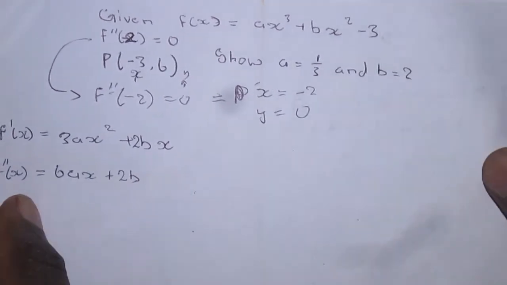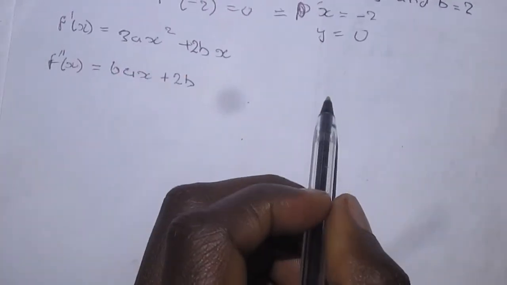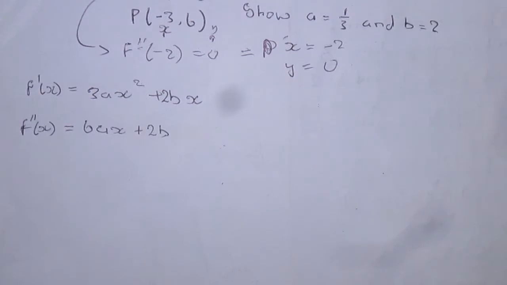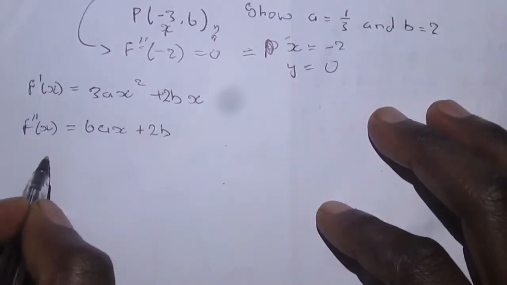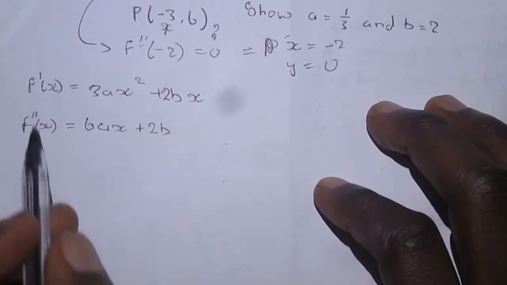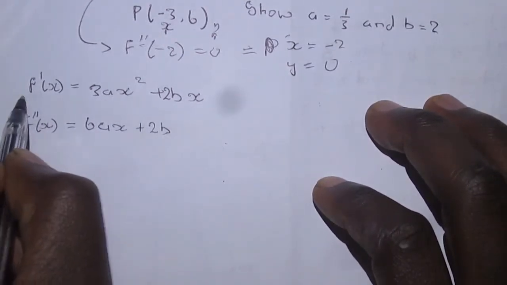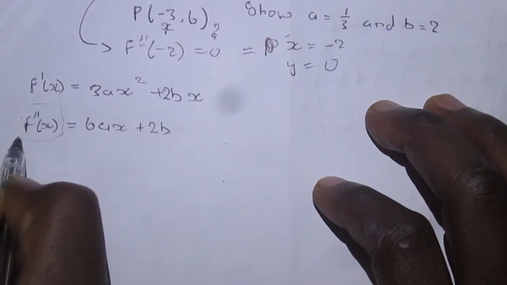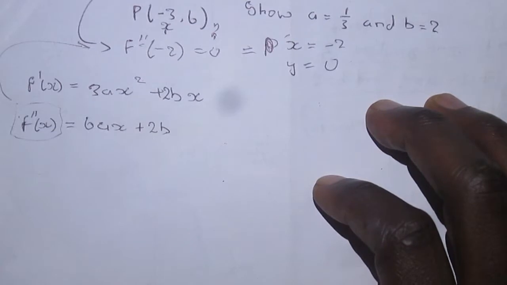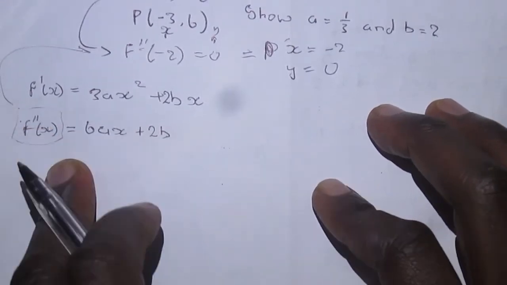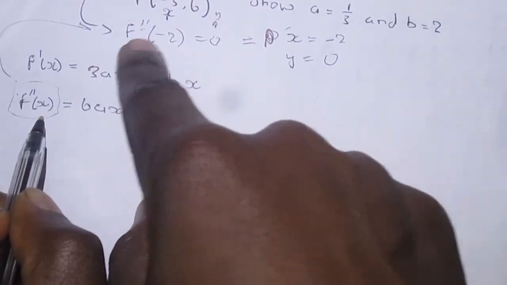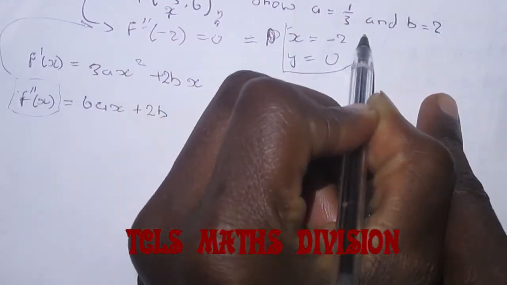Now what does this mean? The second derivative, which we use to find the inflection point, is equal to 0. Look at this statement and this statement, they are nearly the same. It means I can substitute this point here.